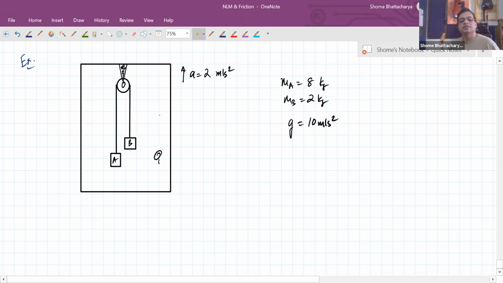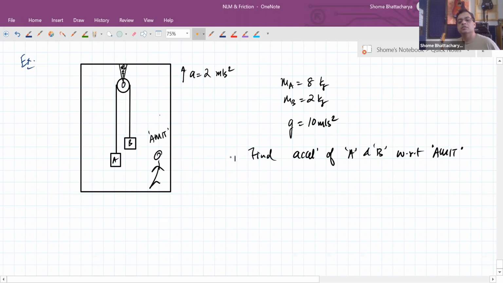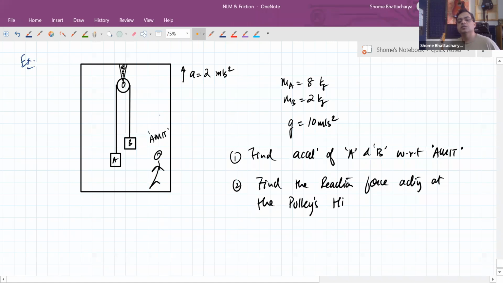Now there's a person standing inside the elevator. Let's say that person is Amit. So we have to find the accelerations of A and B with respect to Amit, and find the reaction force acting at the pulley's hinge.